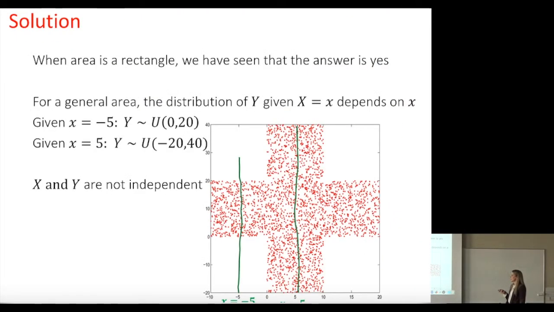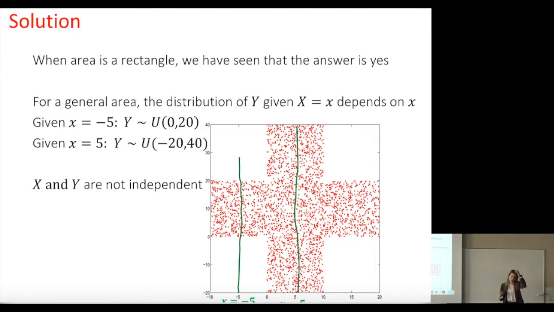Basically, for this area here, they are not, but for the rectangle that we saw before, they were independent. So the answer is yes for the rectangle, because as we said, the distribution of y, given that x is equal to x small, is uniform between y min and y max, so it does not depend on x small.